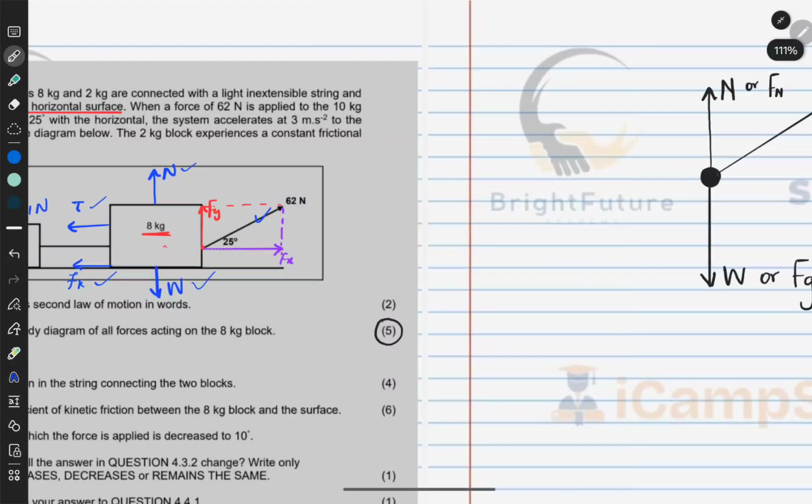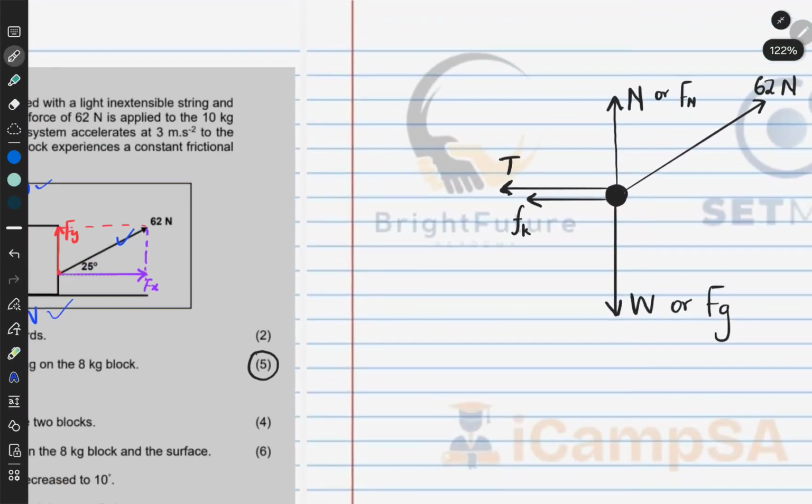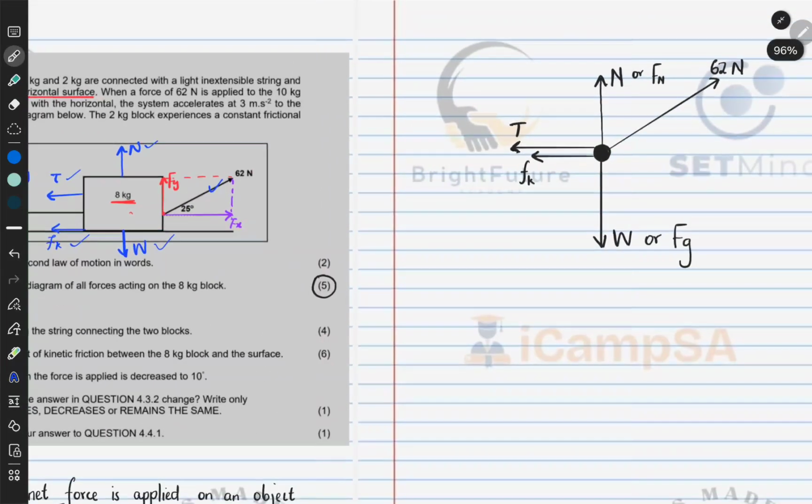And then you have tension due to the presence of the string. And then you also have your friction. I'll just make it smaller than the tension. We don't know if it's smaller than the tension though, we don't know yet. So this is the free body diagram.